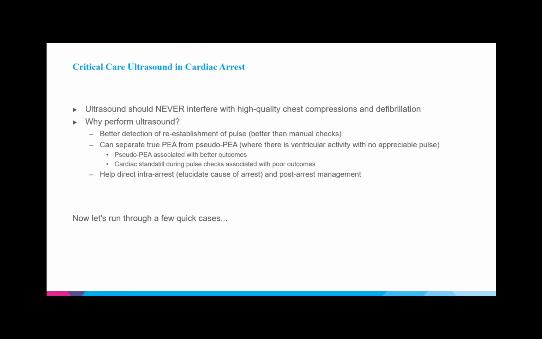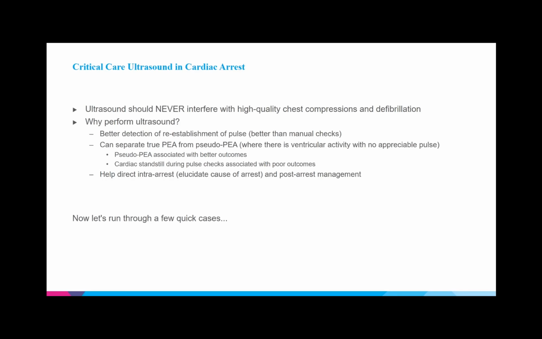It also will help direct intra-arrest and post-arrest management, because there are few things that we can rapidly assess during the arrest. If the patient has tamponade, if the patient has tension pneumothorax, if the patient has massive PE and we're seeing clots in the right ventricle or right atria during pulse checks, that might allow us to give TPA, put a chest tube in, do a pericardiocentesis, because those are all potential things that could alleviate the cause and quickly establish ROSC.